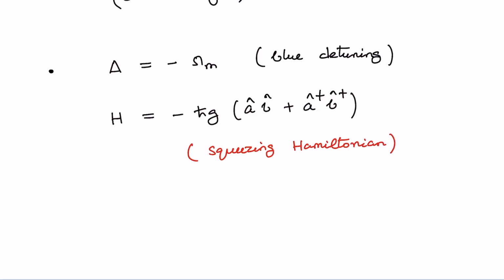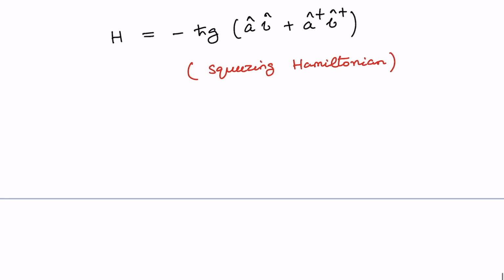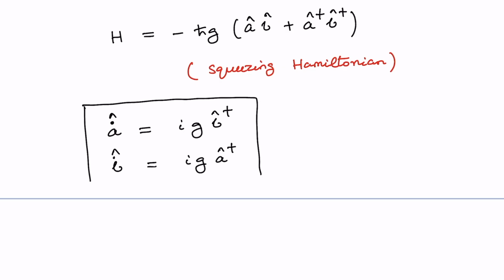Once again you can use the Heisenberg equation of motion to obtain the equations of motion for the optical mode and the mechanical mode: a dot is equal to i g b dagger and b dot is equal to i g a dagger. These are the coupled differential equations that you obtain when you set the detuning parameter delta at minus omega m.